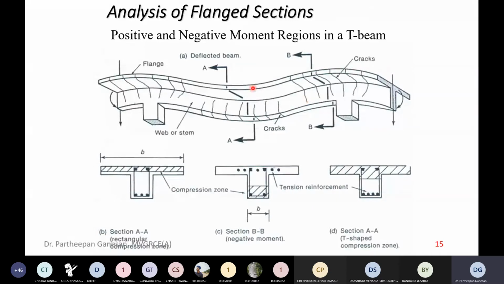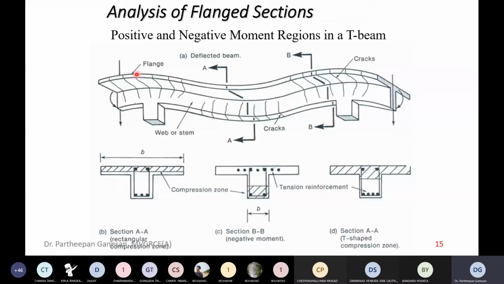So once again, at the midspan of the beam, your bending moment will be a sagging bending moment, right? Sagging bending moment means the tension will be at the bottom fiber, like here is the bottom fiber. Because of tension, your cracks develop at the bottom. Whereas at the support, it is a hogging bending moment, so tension will develop at the top.